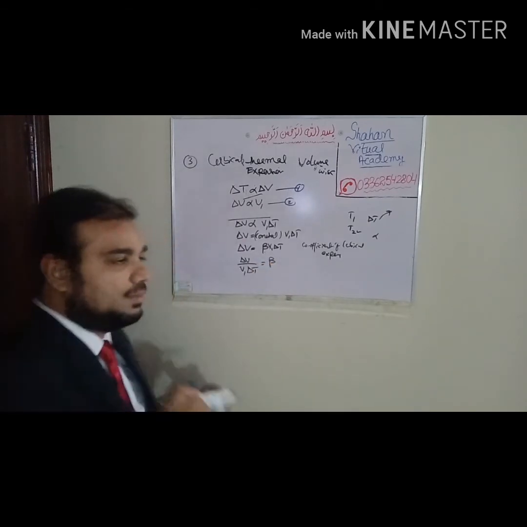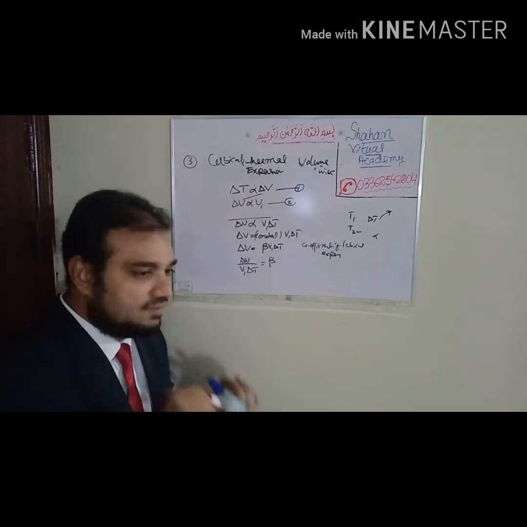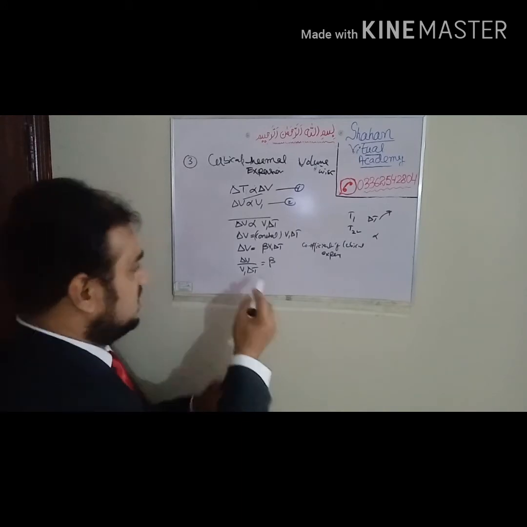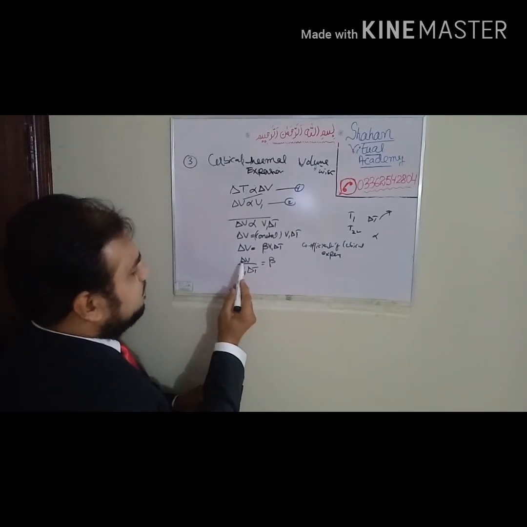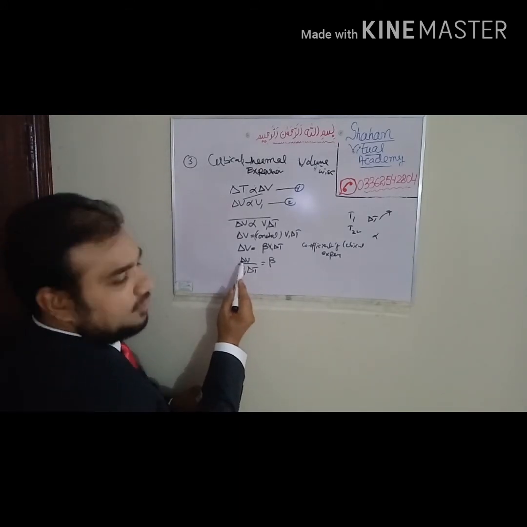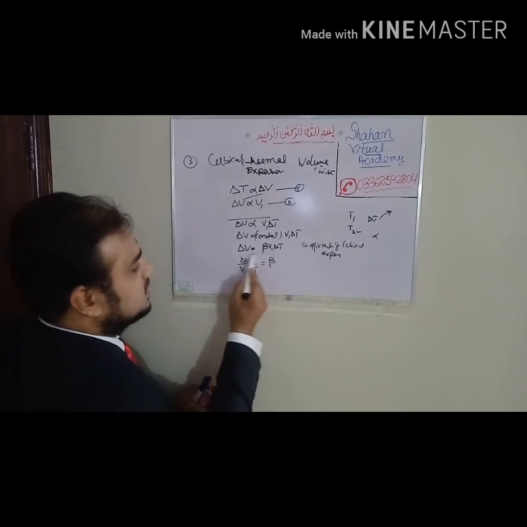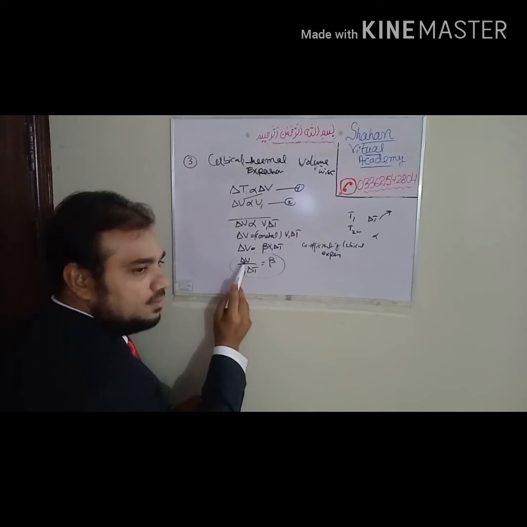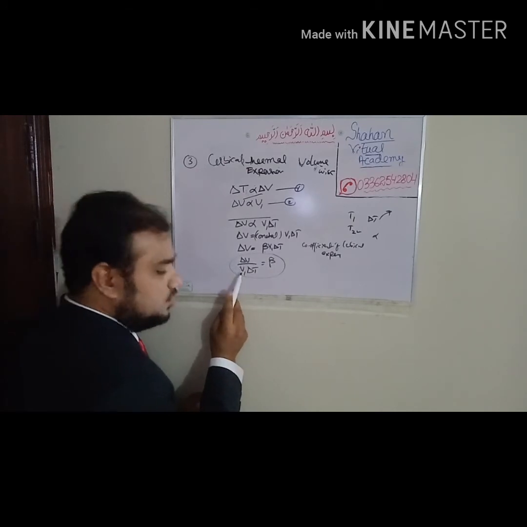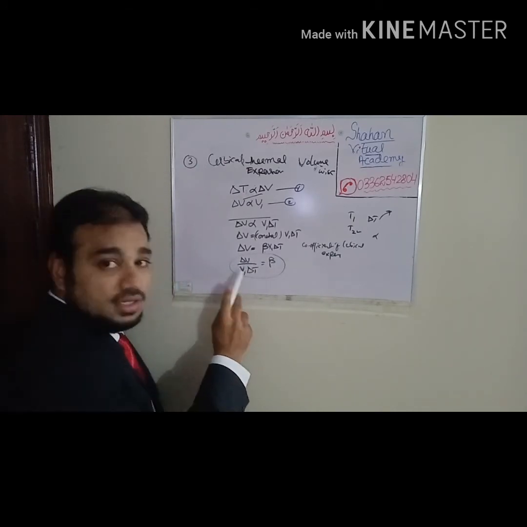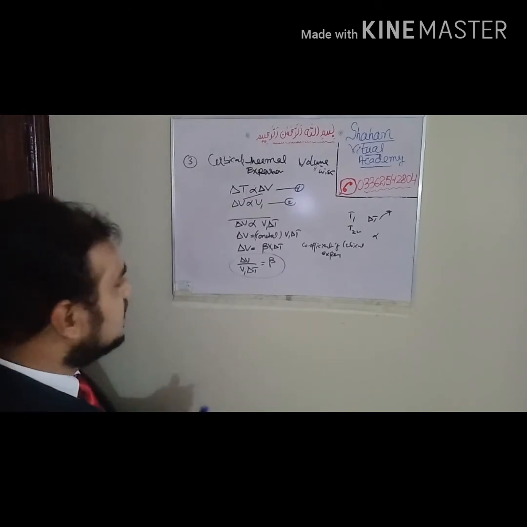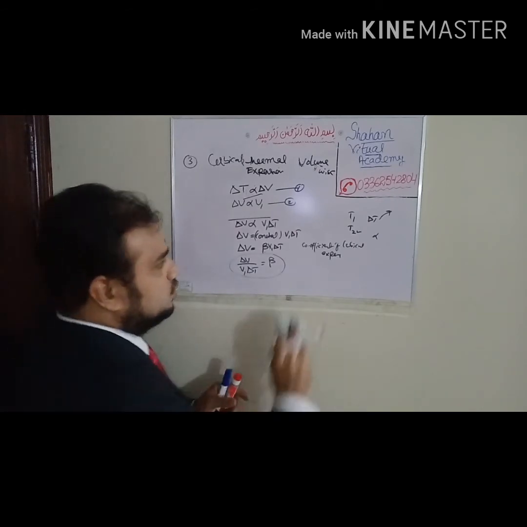Basically, we define the coefficient of cubical thermal expansion in the same way with the help of an expression: the change in volume per unit original volume per degree change in temperature. This is basically beta. So you should know about that.